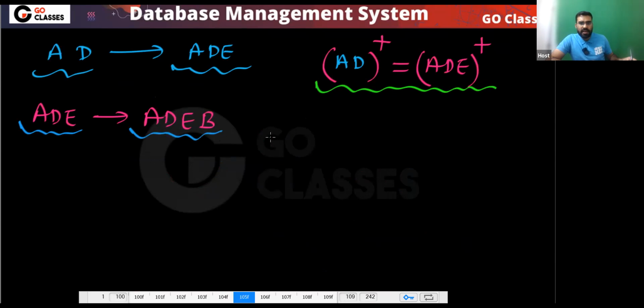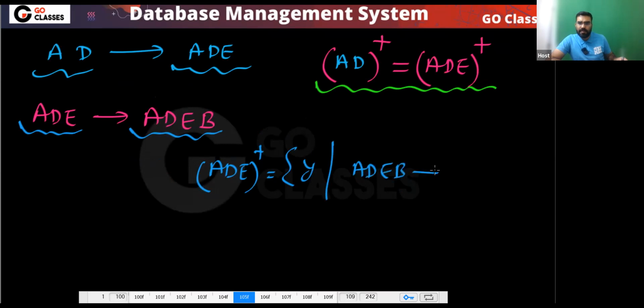Now again you can notice that ADE closure will contain everything that ADEB can determine. So basically this closure will be same as this closure. Like this, you can keep going on.